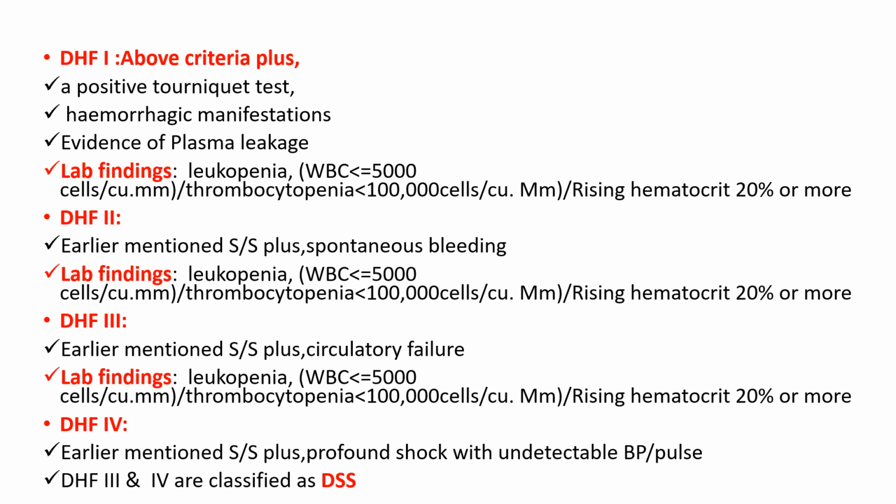Now again, if in addition to all these there is spontaneous bleeding along with similar lab findings, you classify it as dengue hemorrhagic fever type 2.